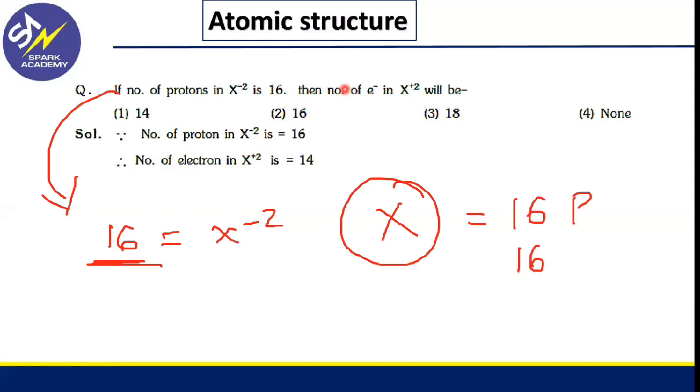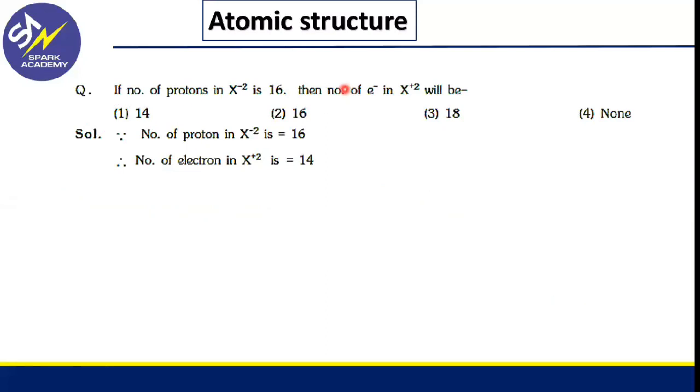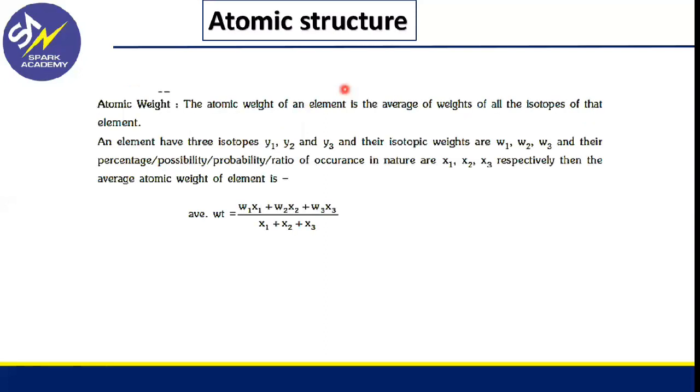If it is neutral, the number of electrons should also be 16. If I write X 2 plus, that means I am giving away 2 electrons, so it would be 14 electrons. So the answer is 1. No matter what the charge is, the number of protons will remain the same.